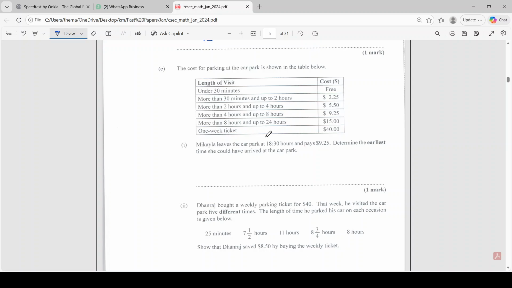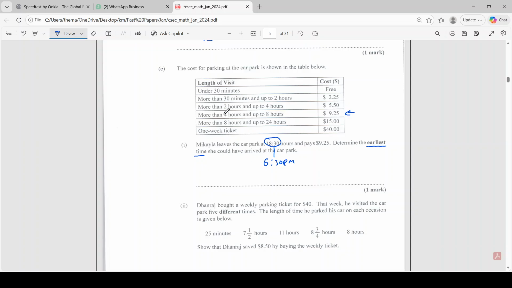Right, so 18:30 means that is 6:30 p.m. She pays $9.25, so $9.25 is this row here. That means she could park between 4 and 8 hours. They want the earliest time she could have arrived.